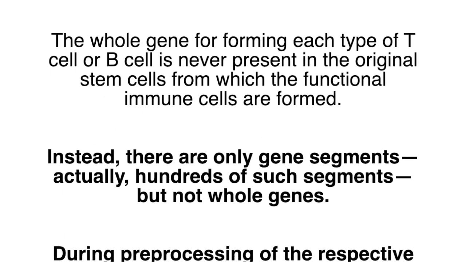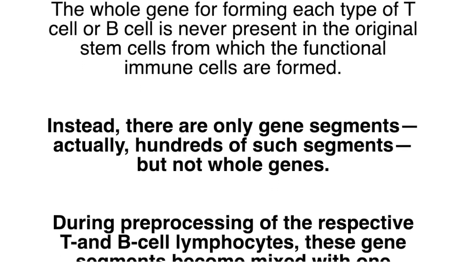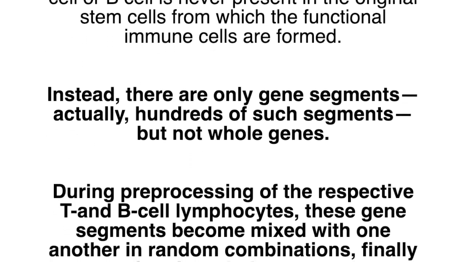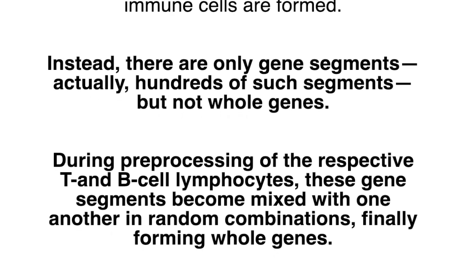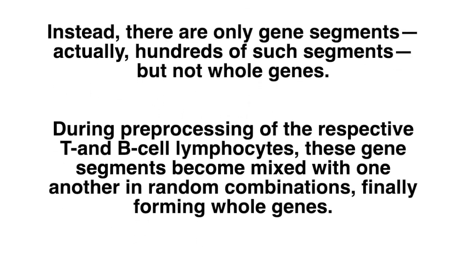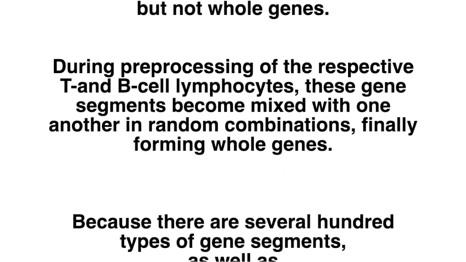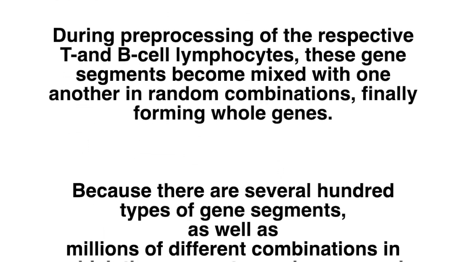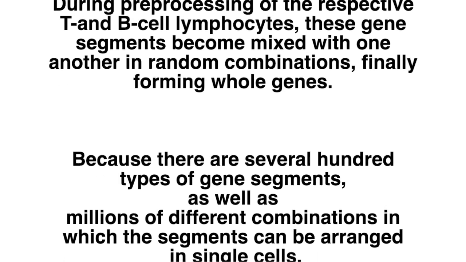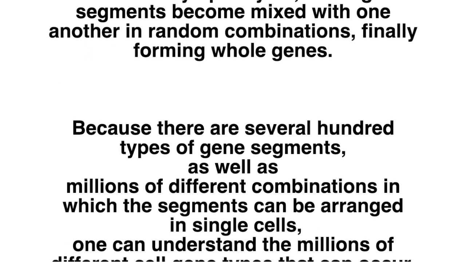Instead, there are only gene segments, actually hundreds of such segments, but not whole genes. During pre-processing of the respective T and B lymphocytes, these gene segments become mixed with one another in random combinations, finally forming whole genes.